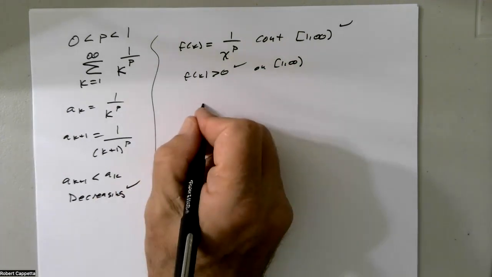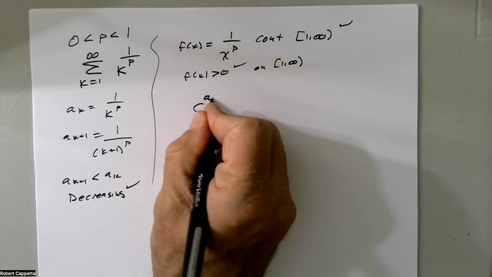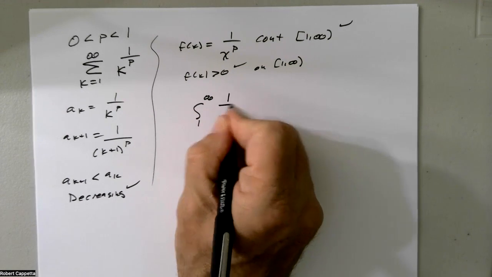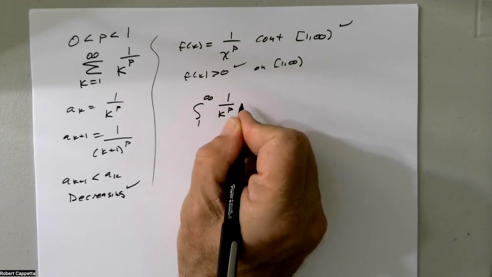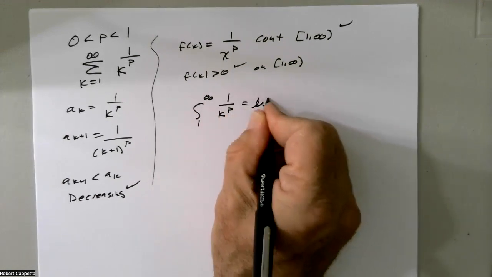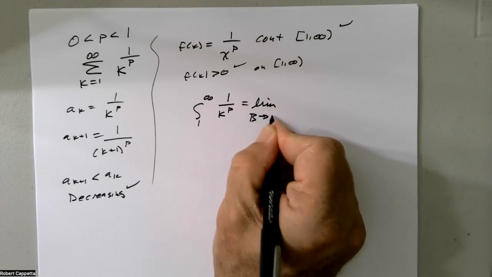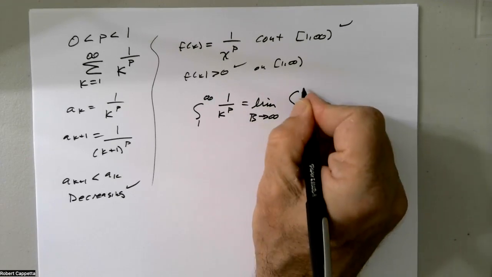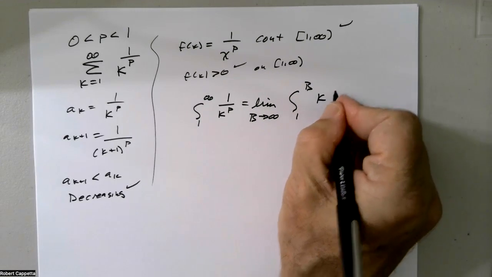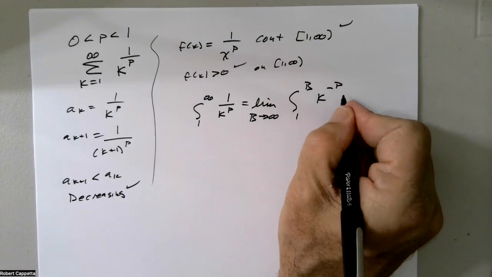So I look at the integral from 1 to infinity of 1 over k to the p. Again, it's going to be very similar to what we just did. Limit as b goes to infinity of the integral from 1 to b of x to the negative p.